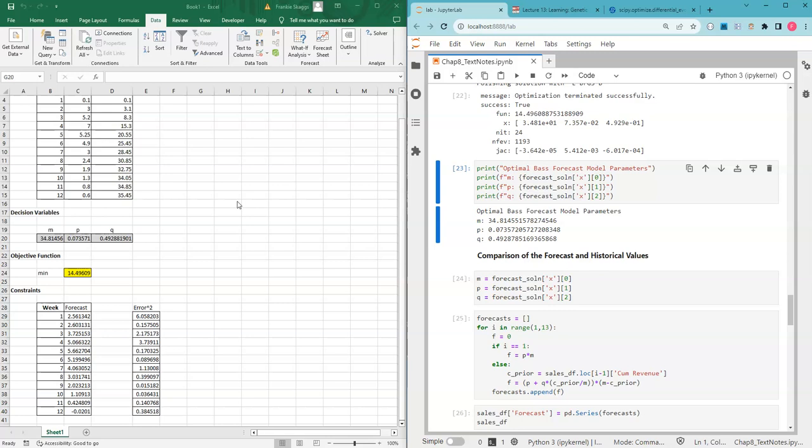Also, just so you know, this method I'm using in Excel is slightly different than the workbook that I posted on Canvas. I think it uses the GRG nonlinear solver, but does a multi-start option in order to arrive at the optimal solution.